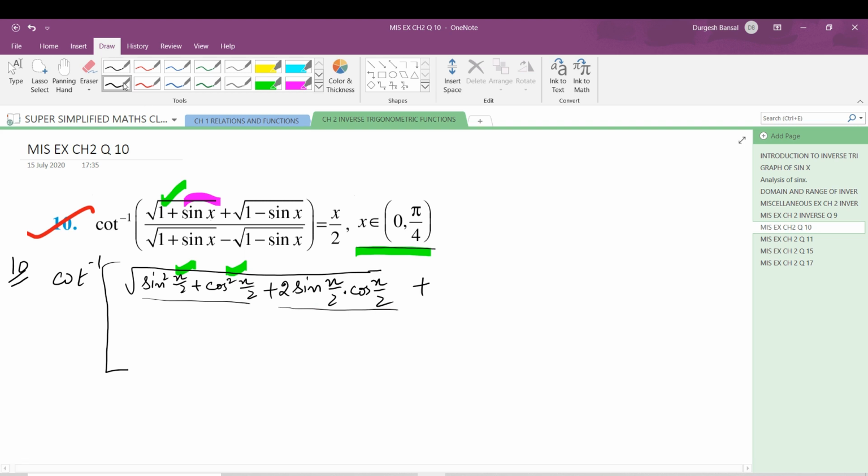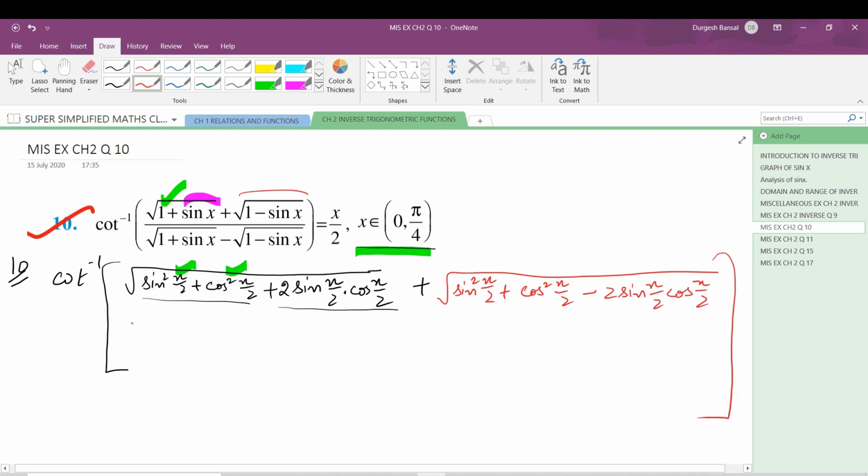Plus, now we move to the other bracket, root of 1 minus sin x. Here again 1 can be written as sin square x by 2 plus cos square x by 2, and sin x can be written as 2 sin x by 2 into cos x by 2, divided by.